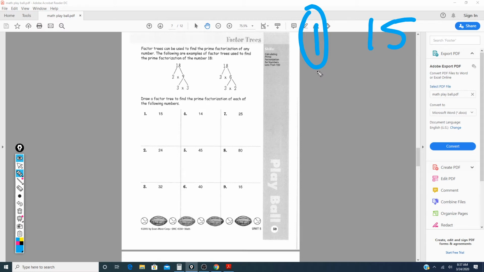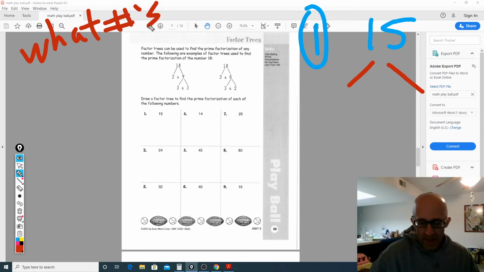So let's look at the number 15. Let me change the color. What numbers can evenly be divided into 15? You run through them: obviously 1, but you don't really count 1. Can 2 go into 15? No. Can 3? 3, 6, 9, 12, 15.